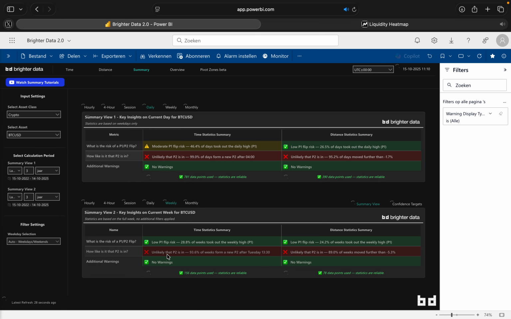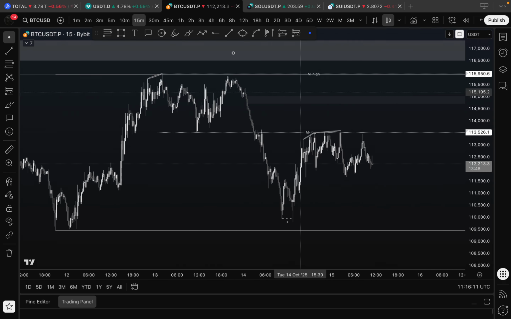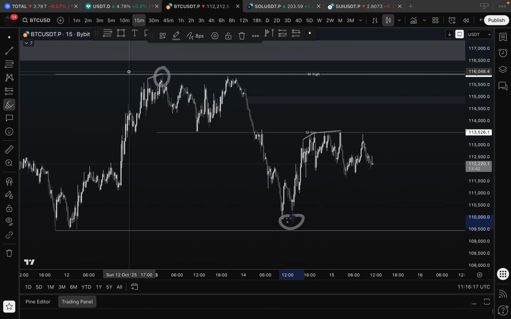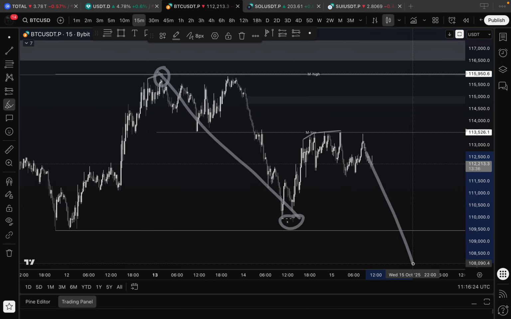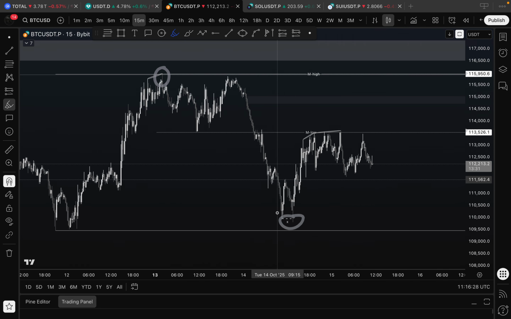And then how likely is it that P2 is in? So if this is our high, which seems likely, and this is our low, how likely is it that we will see a bigger bearish move than we have currently seen from high to low? So how likely is it that we will see a deeper move compared to the current weekly low we have?